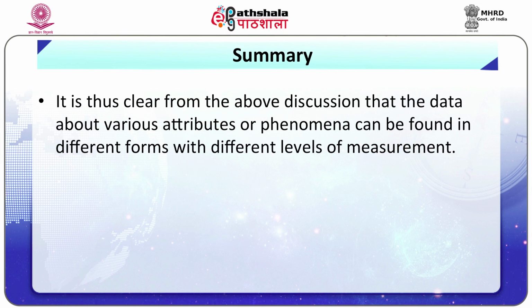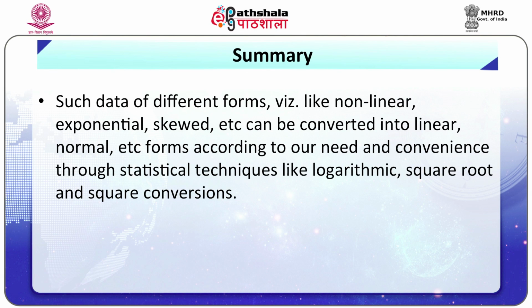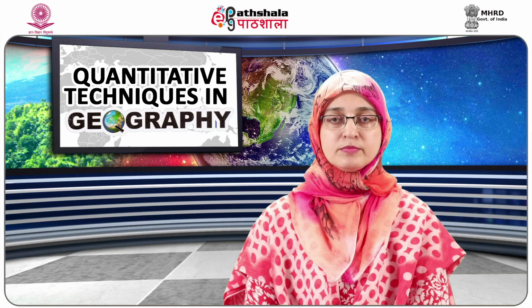Now, summary. It is thus clear from the above discussion that the data about various attributes or phenomena can be found in different forms with different levels of measurement. Such data of different forms, that is like non-linear, exponential, skewed, etc., can be converted into linear, normal, etc. forms according to our need and convenience through statistical techniques like logarithmic, square root and square conversions.